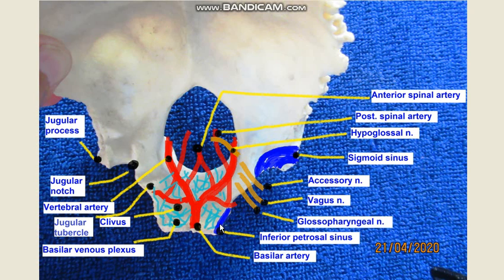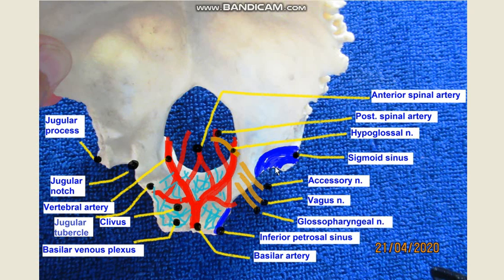And on the sides of the condylar parts over here, they articulate with the posterior border of the petrous part of the occipital bone, and where they articulate with the petrous part of the occipital bone, this groove bears a sinus, the inferior petrosal sinus, and this inferior petrosal sinus is actually draining into the jugular foramen.